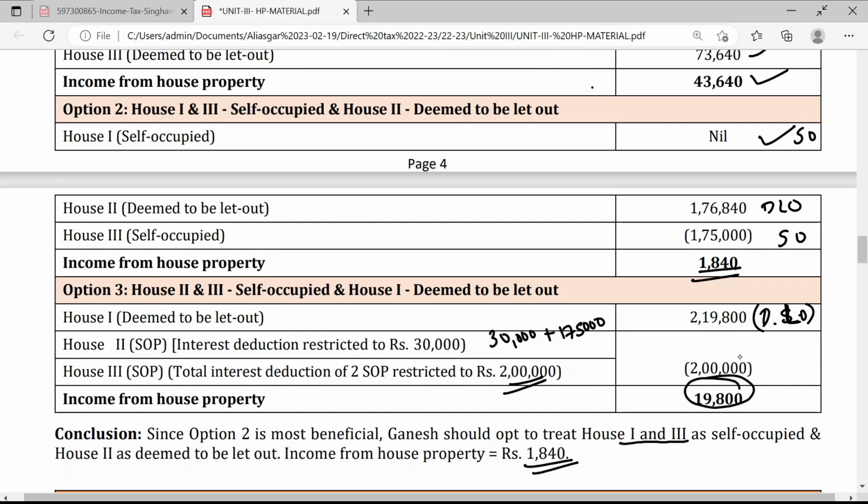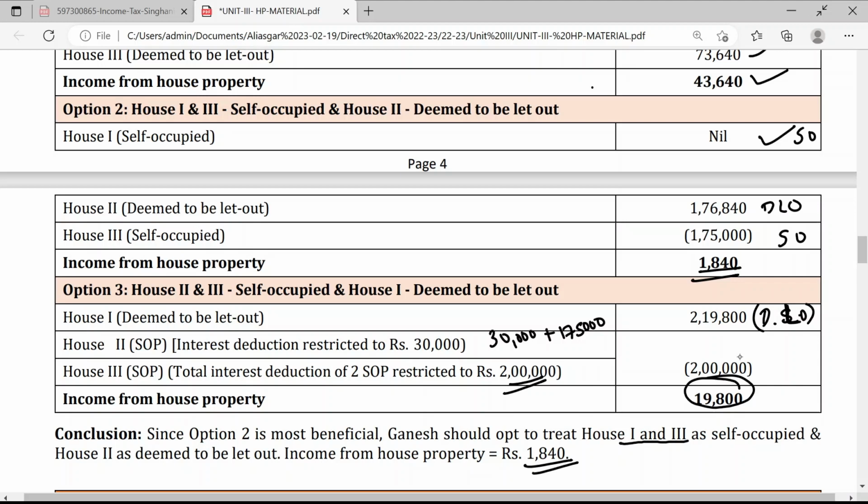So as a person, we should suggest he choose that option in which his income from house property is lowest. In option number 2, his income from house property is lowest, so that is why we have chosen that option.